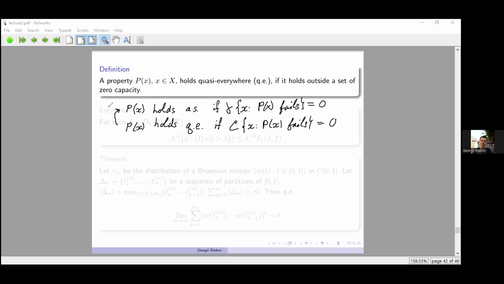But as we saw, the converse is not true. So again, if we know that some property holds quasi everywhere, then it is a much stronger statement than to say that it holds almost surely.